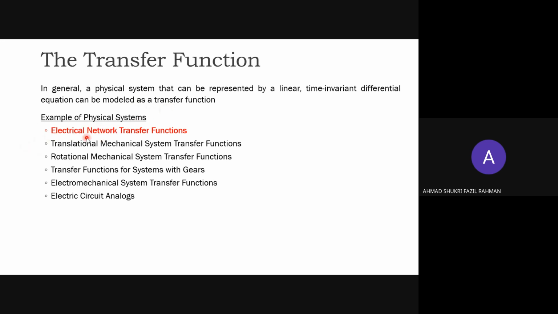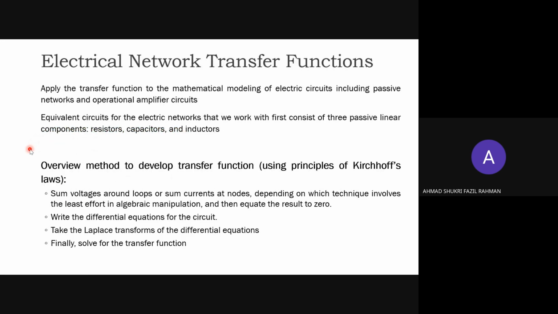So we look first at electrical network transfer function. There are other applications that you can see here: translational, rotational, system with gear, electromechanical, and also electric circuit analog. The first one, we look at electrical network transfer function first. So how do we obtain a transfer function for an electrical network?